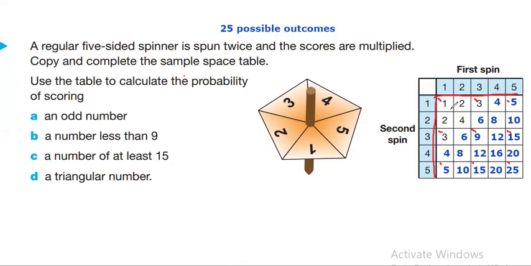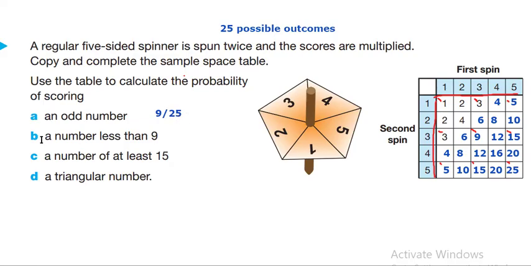So how many odd numbers? 1, 2, 3, 4, 5, 6, 7, 8, 9. So 9 odd numbers, and the total is 25. So 9 over 25. Good. So that's the idea. First thing, odd numbers, which is 9. As a probability, I have to put it over the total possible outcomes, which is 25.